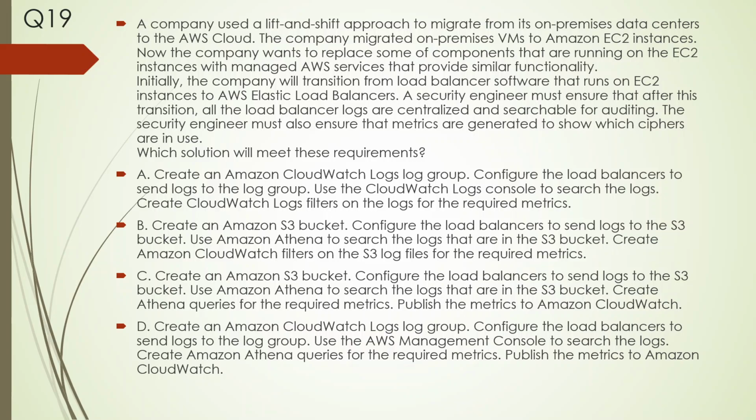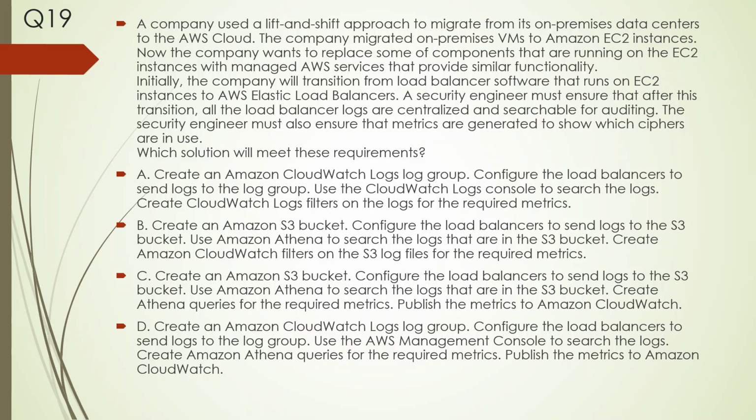A. Create an Amazon CloudWatch Logs log group, configure the load balancer to send logs to the log group, use the CloudWatch Logs console to search the logs, and create CloudWatch Logs filters on the logs for the required metrics. B. Create an Amazon S3 bucket, configure the load balancer to send logs to the S3 bucket, use Athena to search the logs in S3, and create an Amazon CloudWatch Logs filter on the S3 files for the required metrics.